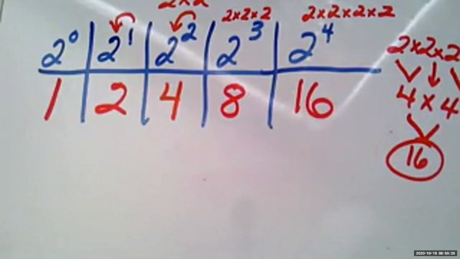Thank you very much. I appreciate those of you who are typing and writing and repeating. I see your mouths moving, and that's good enough for me. Any number to the 0 power is always 1.